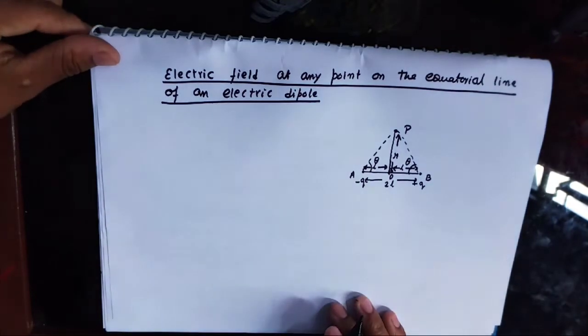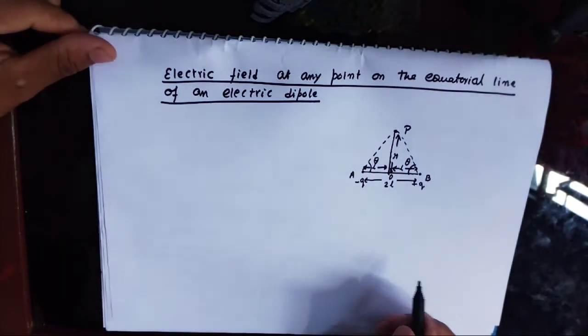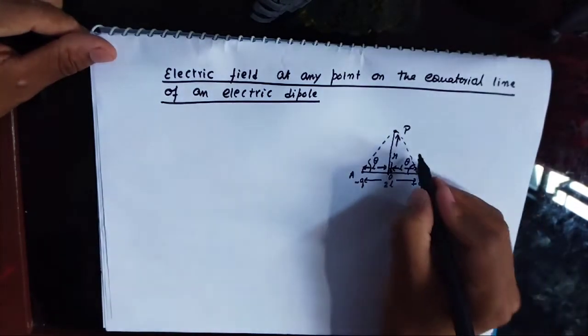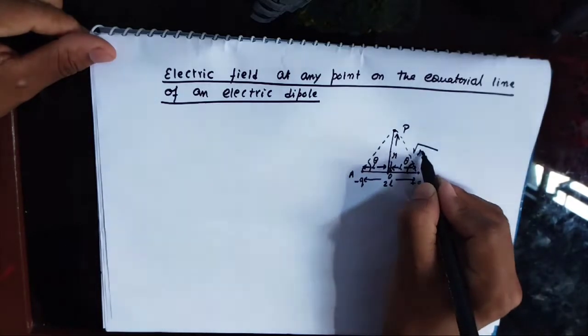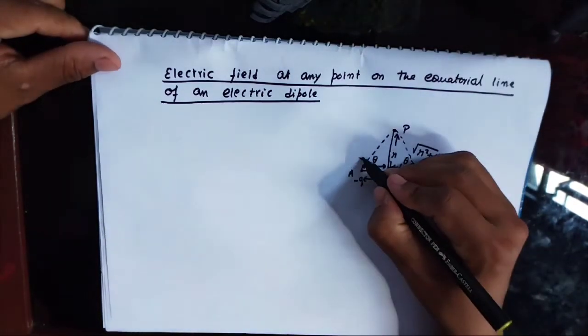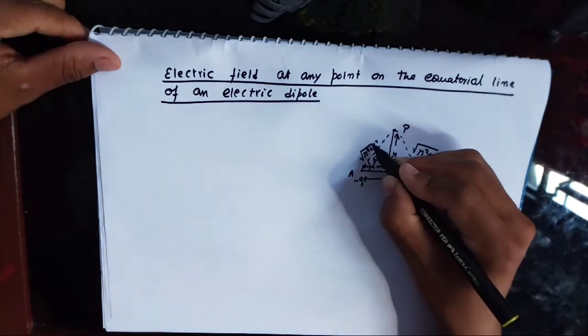Now, what is the length BP? If you apply the Pythagoras theorem in this right angle triangle POB, this length BP is nothing but root over r square plus L square. Similarly for AP, it will be root over r square plus L square.